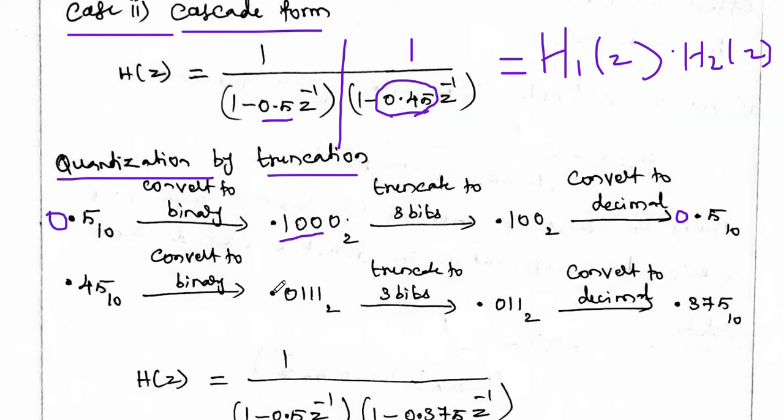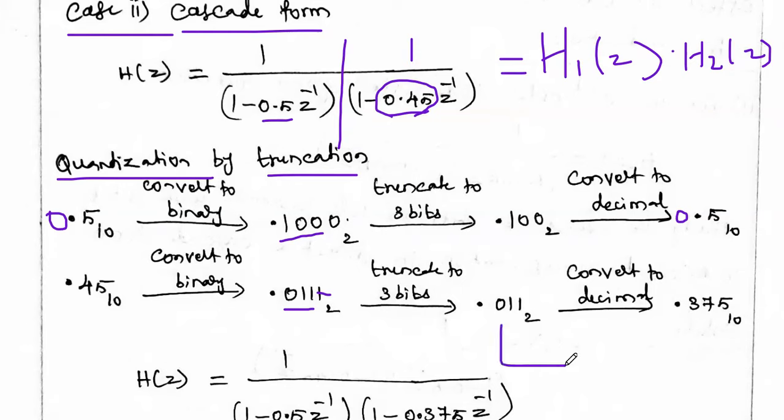The answer is 0.0111. Then you use quantization to 3 bits. The first 3 bits you keep, from the 4th bit you discard it. So that's why 0.011.